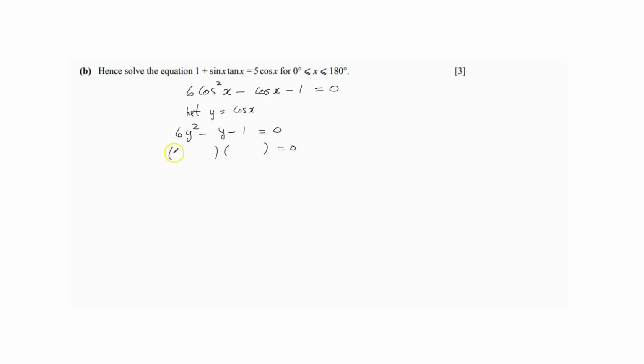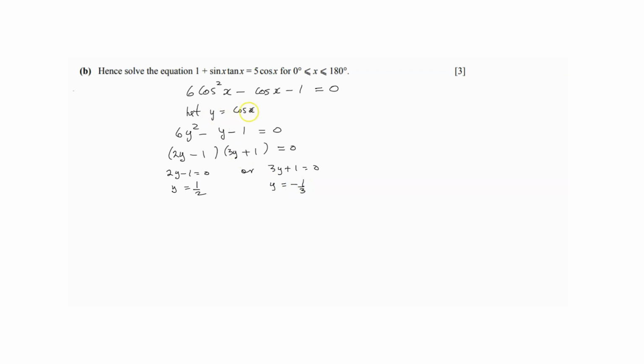So we get, it means that 2y minus 1 equals 0, or 3y plus 1 equals 0. Therefore, y from here is equal to a half, and from here y equals minus 1 over 3.